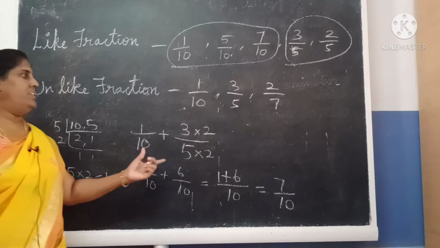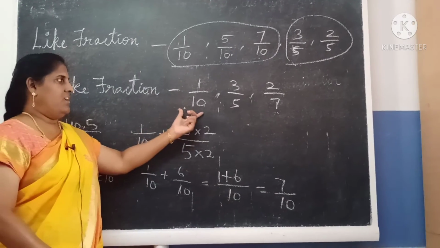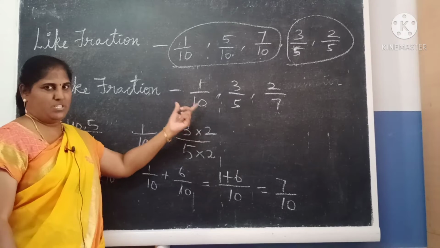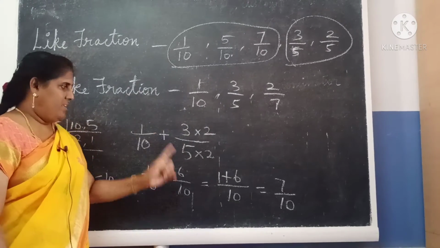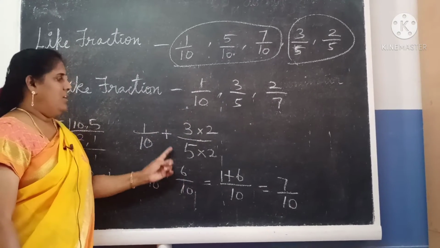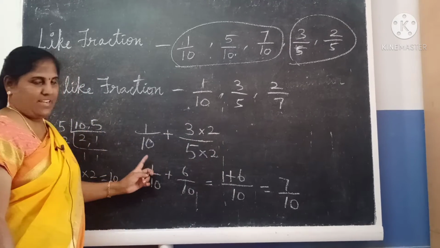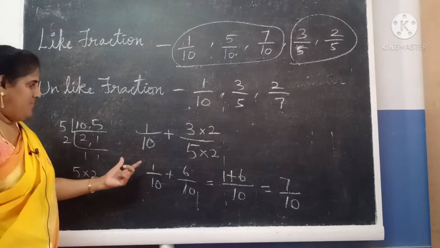So if unlike fractions are given to add, the first rule is that you change the unlike fractions into like fractions. How do we change it?